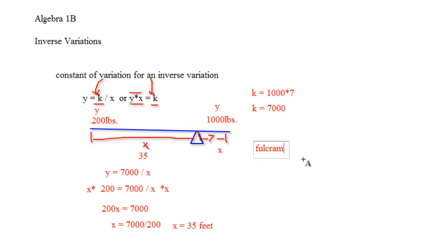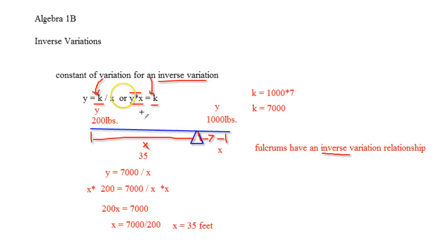When you set up this fulcrum problem, they're going to say fulcrums have an inverse variation relationship. This is going to be your key to know that we are dealing with an inverse variation and we can actually work with this.